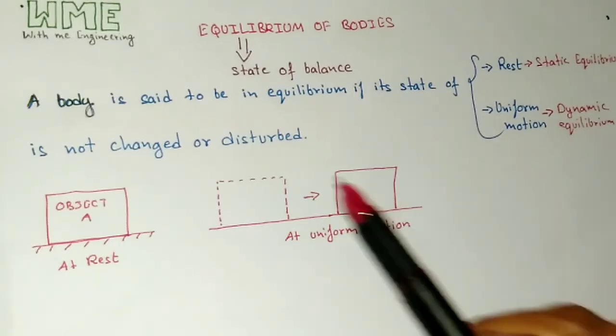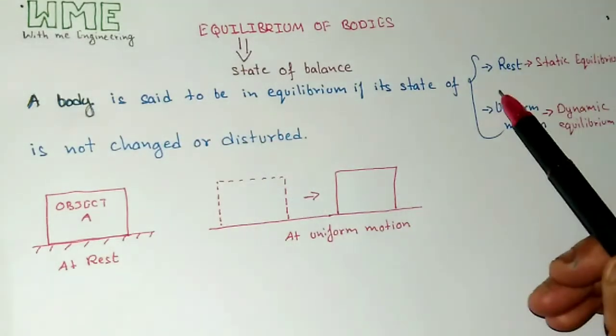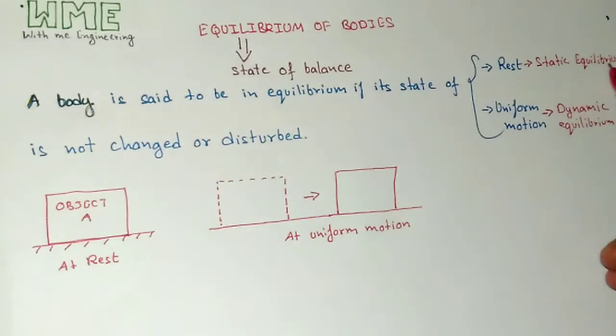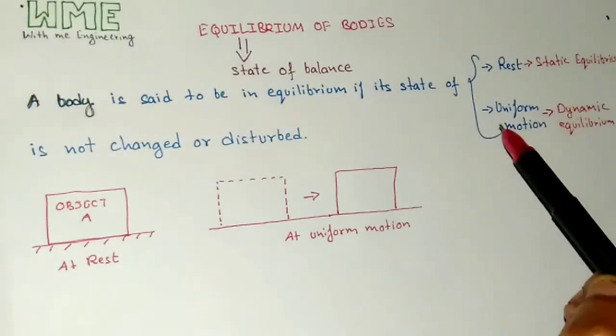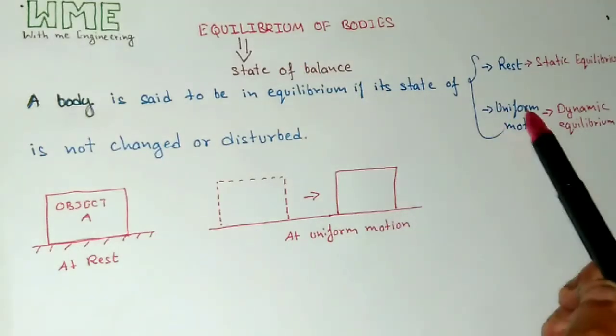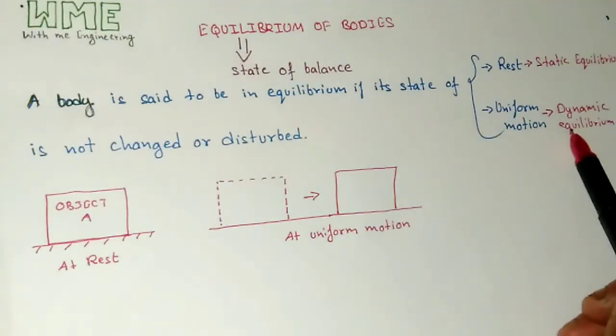If any body is at rest and attaining a state of equilibrium, we call that static equilibrium. And if any body is in uniform motion in a straight line, that is called dynamic equilibrium.